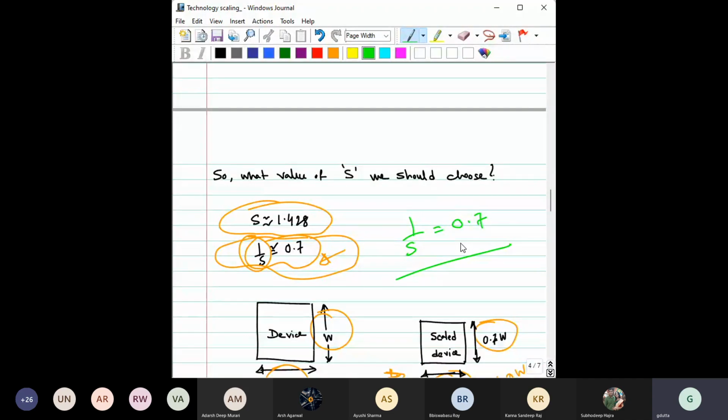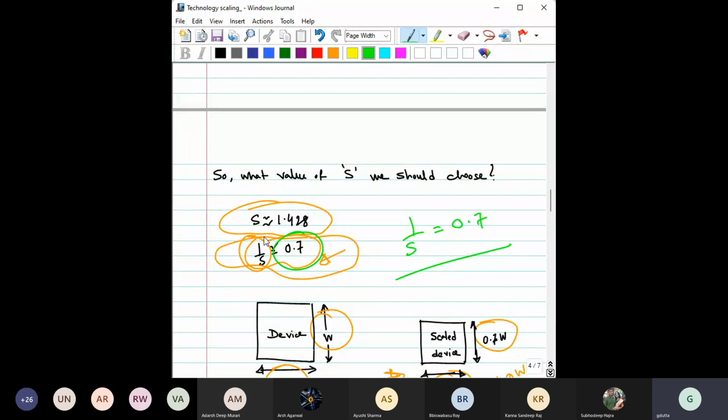So that is the number, and that is why the industry has fixed 0.7, and this actually resonates with Moore's law. Maybe in the next class we will see what Moore's law is. Moore's law is not any physics-based law, though we call it a law. It is an observation based on a few points.